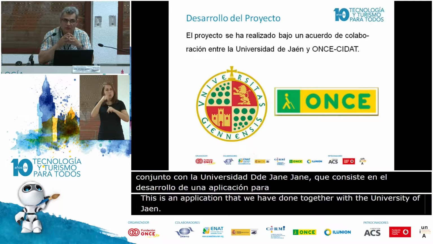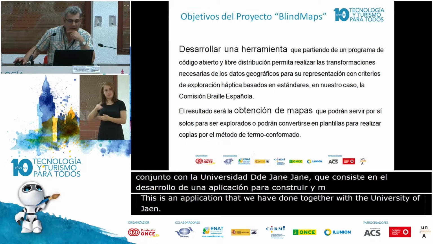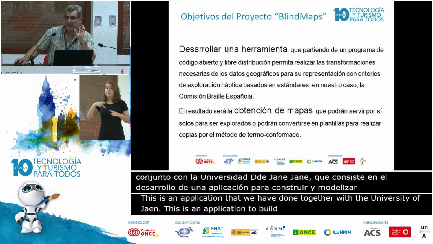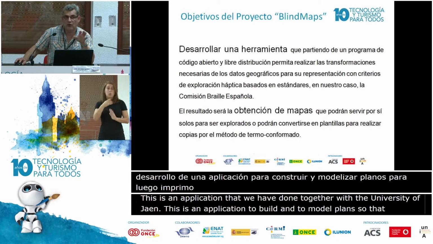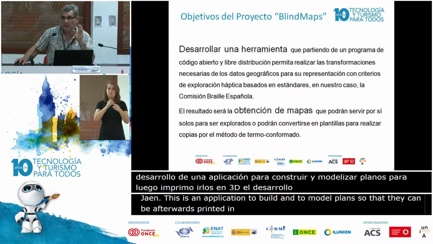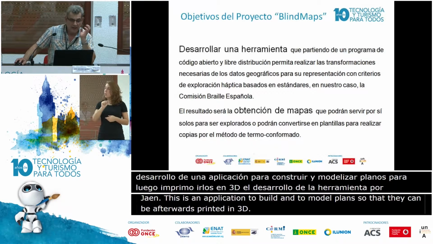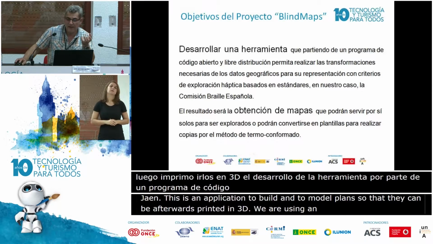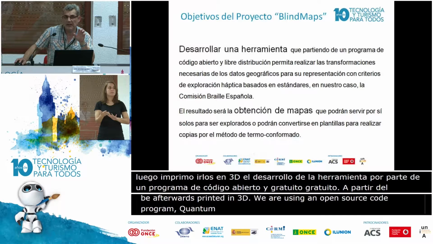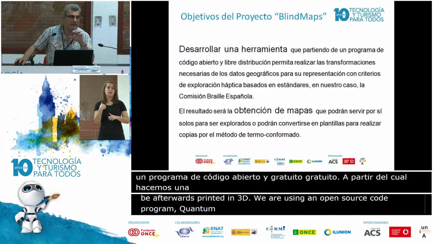This is an application to build and model plans so that they can be printed in 3D afterwards. We are using an open source program, Quantum GIS. We have customized it.